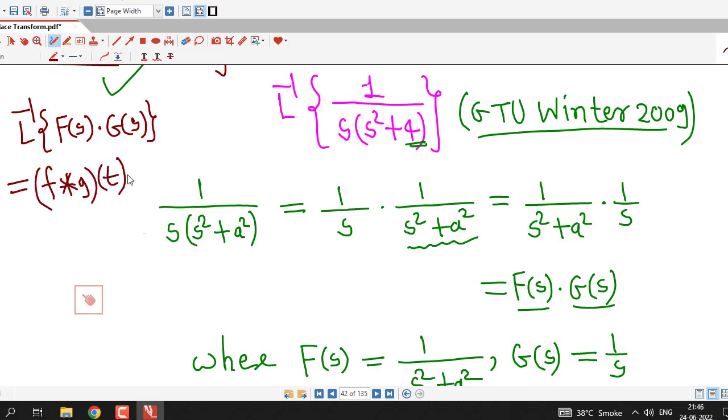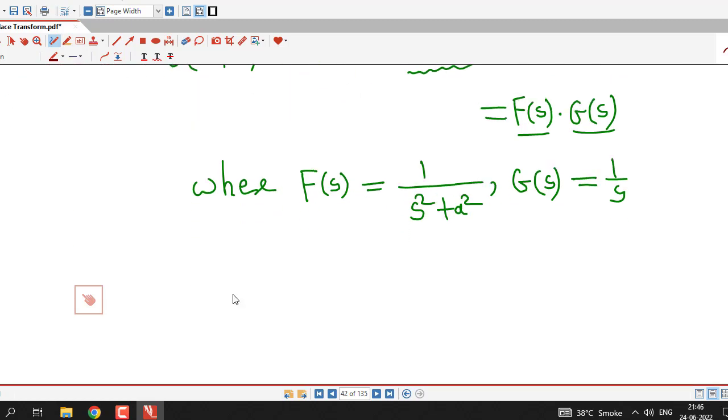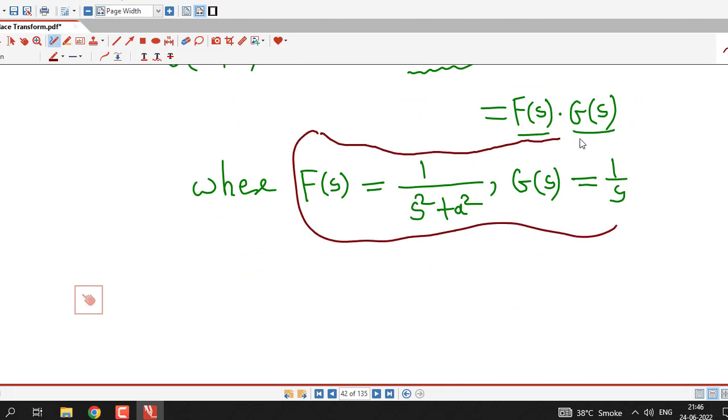So first we have to decide small f, which is inverse Laplace transform of capital F, and small g, which is inverse Laplace transform of capital G. So first we obtain inverse Laplace transform of these two functions.